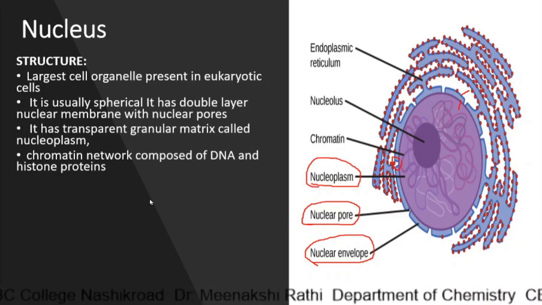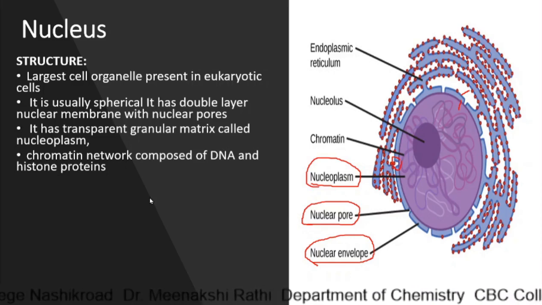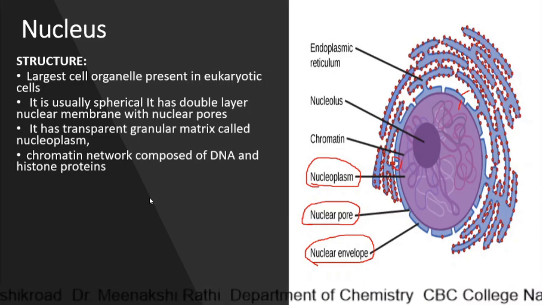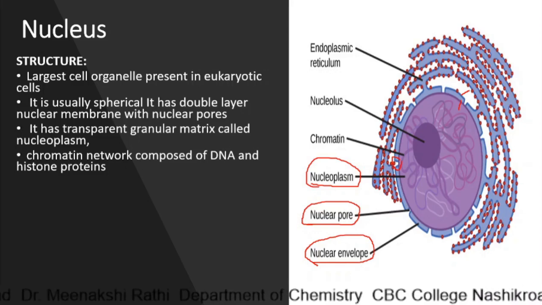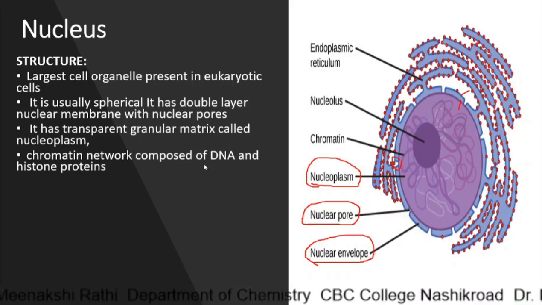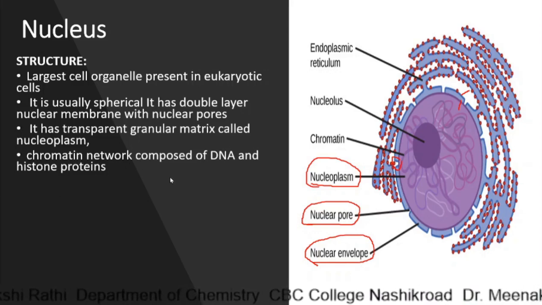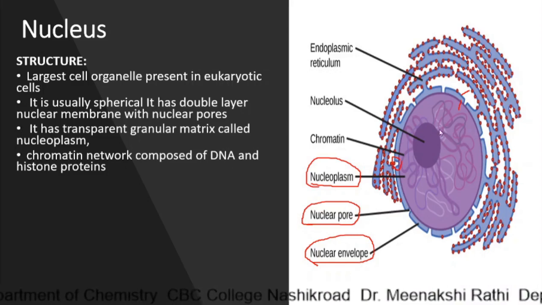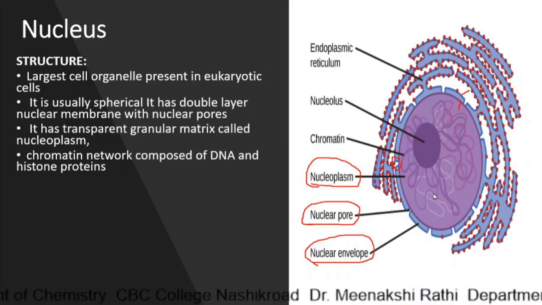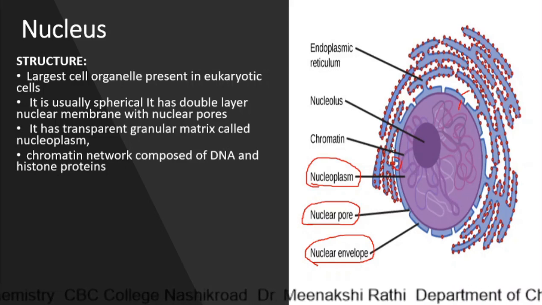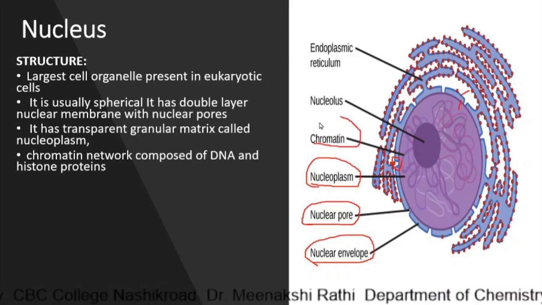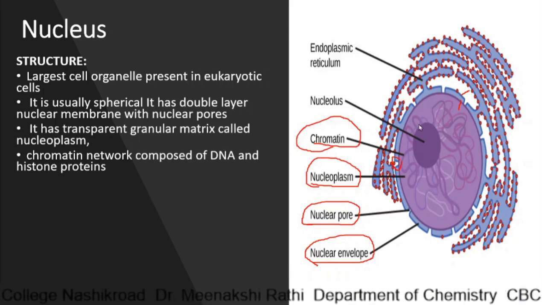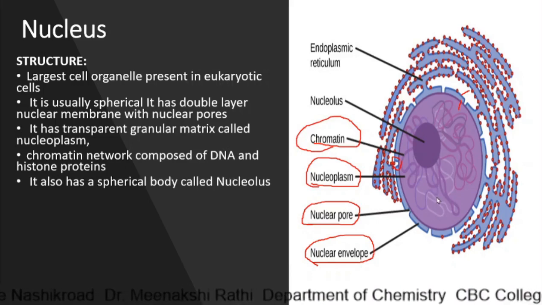So chromatin is nothing but the network of fibers of chromosomes, and this chromatin network is composed of DNA and histone protein, which is present in the nucleoplasm. You can see here this network is nothing but the chromatin.